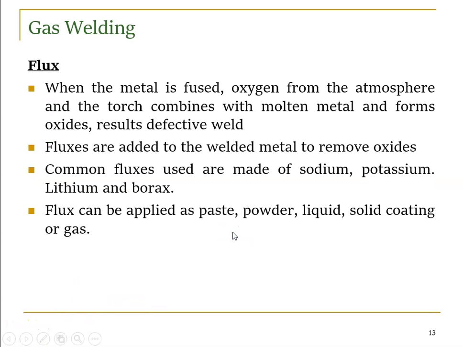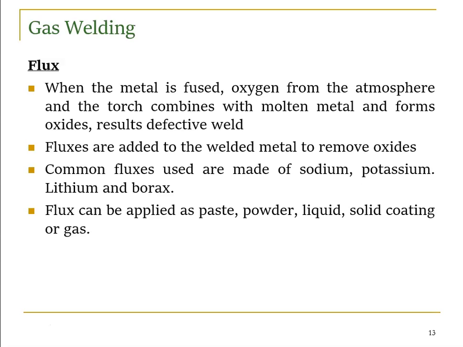Flux is one of the important materials used in welding. The main purpose of flux is to prevent oxidation. When the metal is fused, oxygen from the atmosphere and the torch combines with the molten metal and forms oxides, resulting in a defective weld. Which means if you want to weld two metals, you need to raise the temperature of the workpiece material, and then allow it to solidify, right?